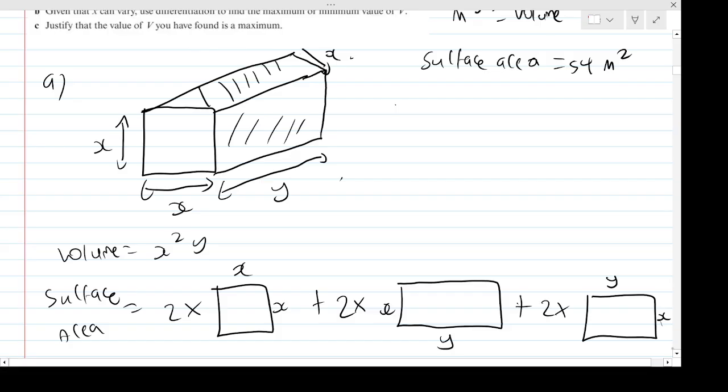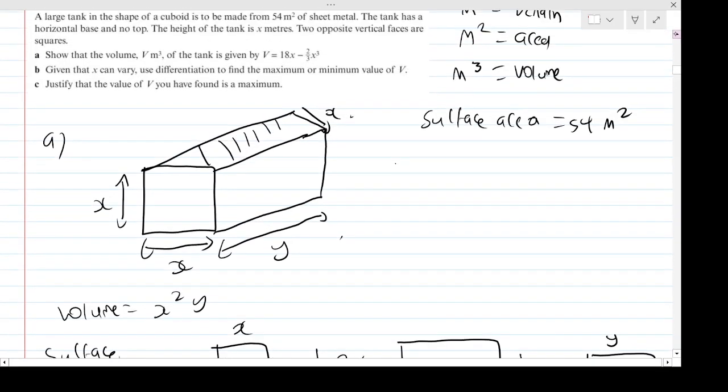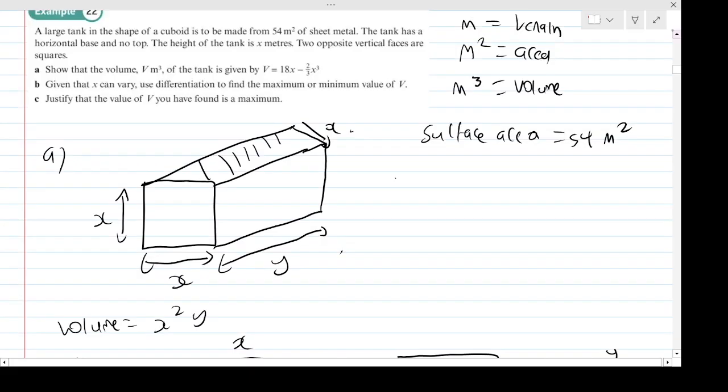Obviously the top and the bottom, so imagine the top face and then the floor of the shape. Again, you can't really see, but hopefully you can visualize the top and the bottom, the roof and the ground, if you think of it like that. But it wouldn't be both the top and the bottom, because it told me the tank has no top. So that means the top here, as we said, it's open.